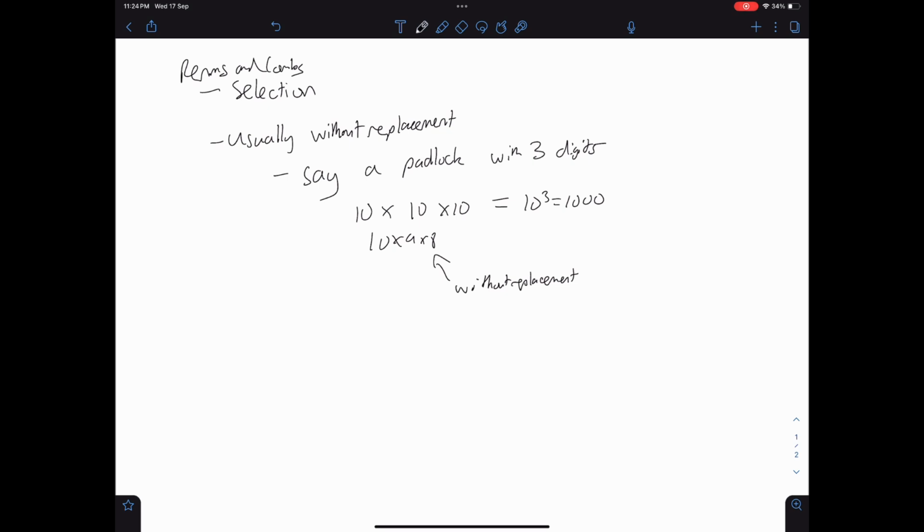And you'll hear this a lot, but permutations are when the order matters, and combinations are when the order doesn't matter. I think it's important to give other words that will help you understand this notion. So think of permutations as arrangements of objects, and combinations as just picking the objects.